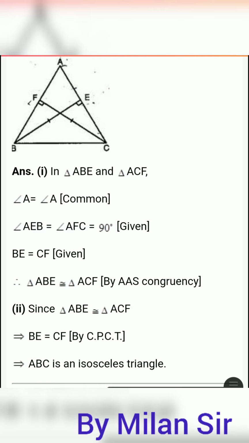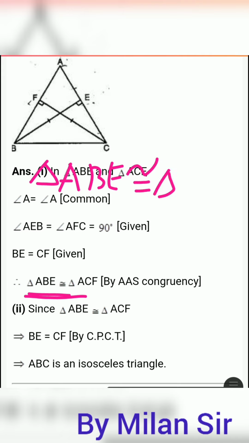Now we need to write the two triangles as congruent. First of all, write down the name of the first triangle, ABE. Now we need to adjust the second triangle. Angle A is equal to angle A, so at first position we write A. Now E is equal to F, and E is at third position, so we write F at third position. What is remaining in the second triangle ACF?